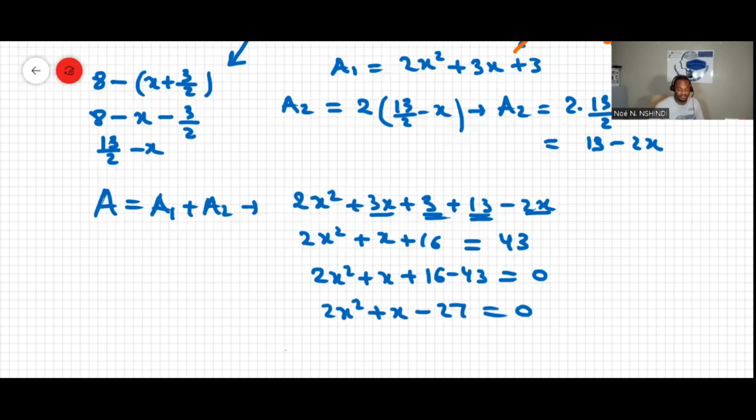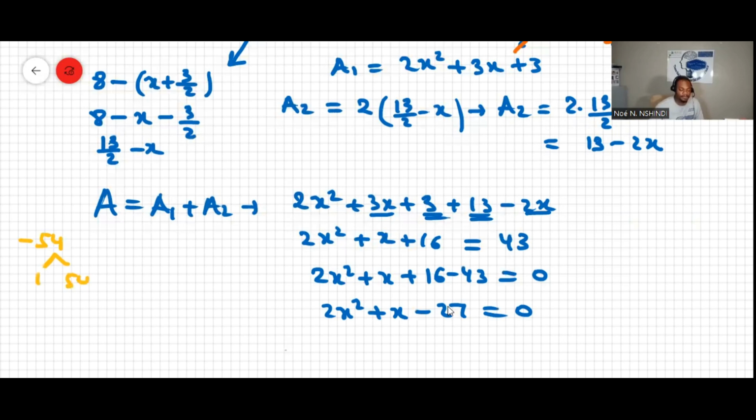Now we can solve this by factorization. We will do 2 times negative 27, which is negative 54. And then the factors of 54 are 1 and 54.